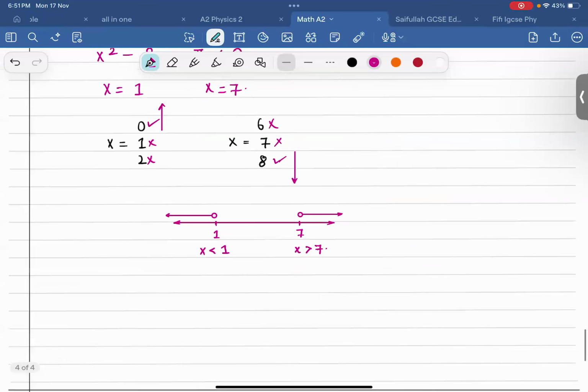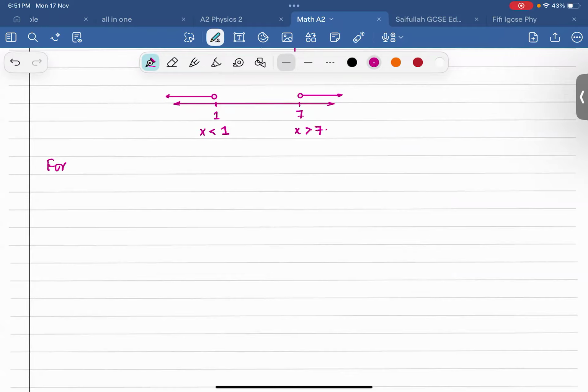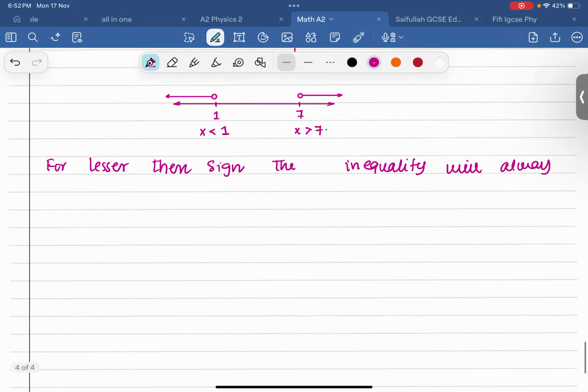So for the lesser than sign, the inequality will always be: x is lesser than the smaller value, and x will be greater than the larger value.